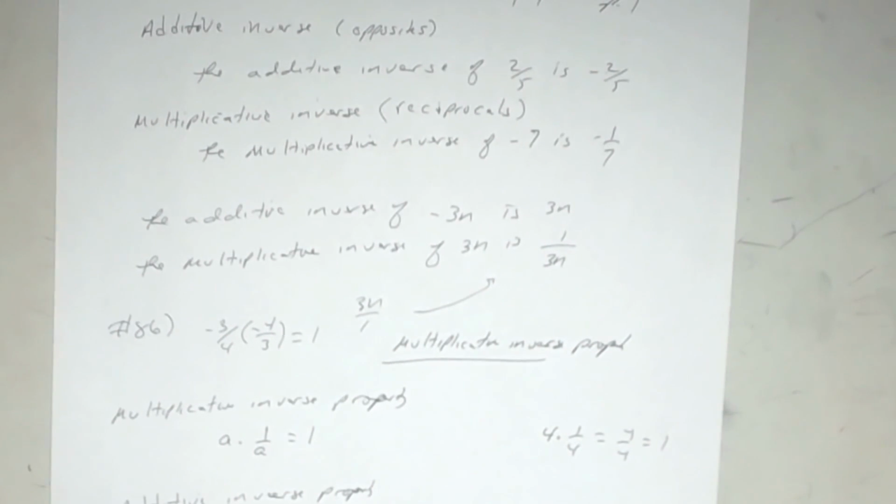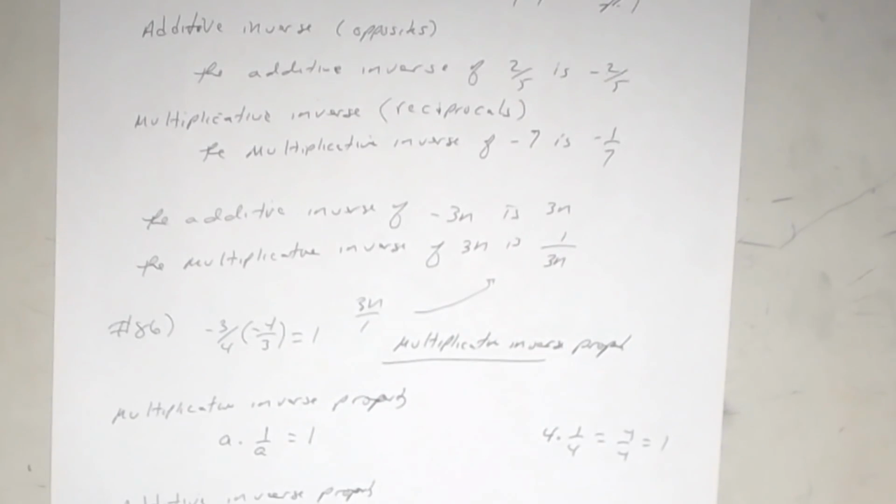What should that equal? 0. Okay, so a plus negative a is equal to 0. So in terms of a problem that you would probably see would be something like this. Just write this example. 2/3 plus -2/3 is equal to 0.